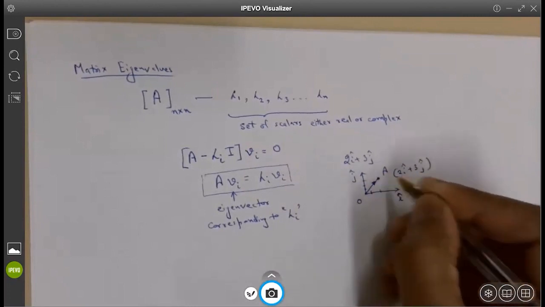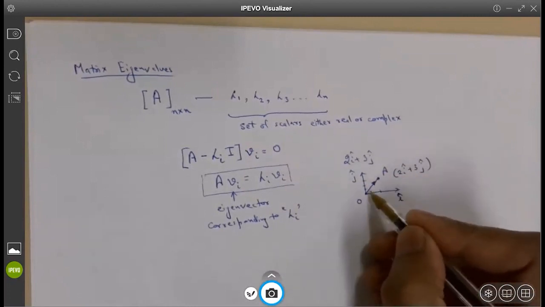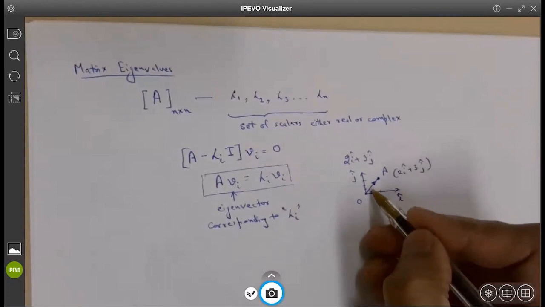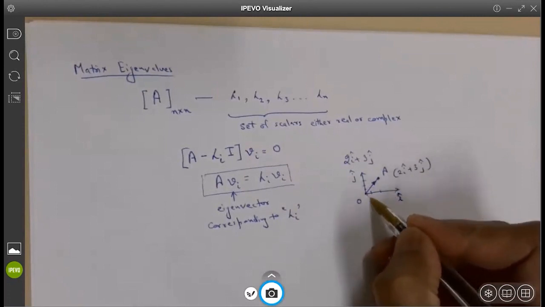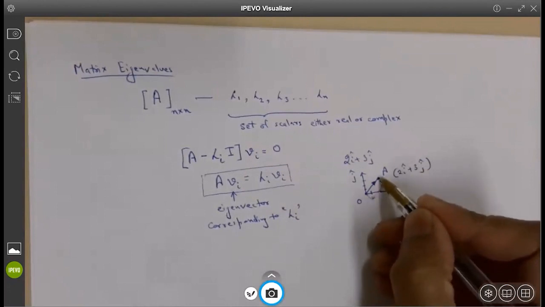So this is a vector which has a direction and a length. A vector has a magnitude, which is its length, and a direction it is pointing to.